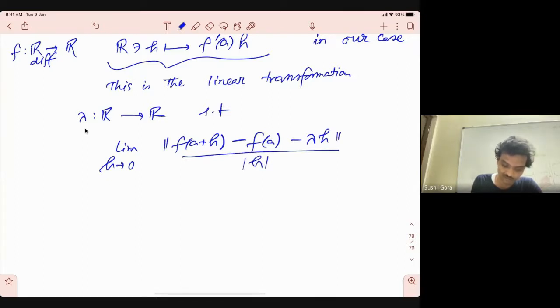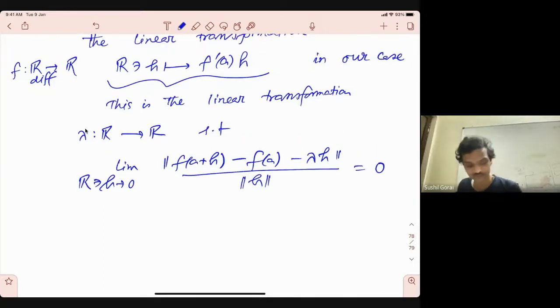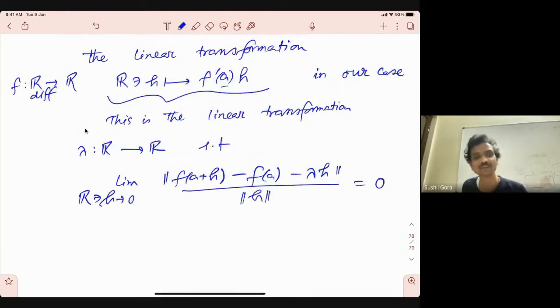So norm is just modulus here. Right? This is the linear transformation. Is it fine?